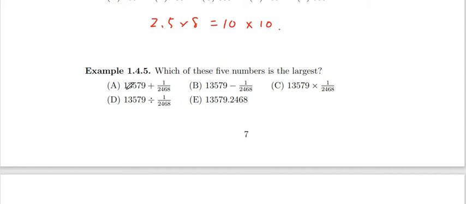Here this big number plus this, we can forget the smaller number. A and B are quite the same. And C is really small, right? Dividing by a very small number becomes really big. So the answer should be D, right?